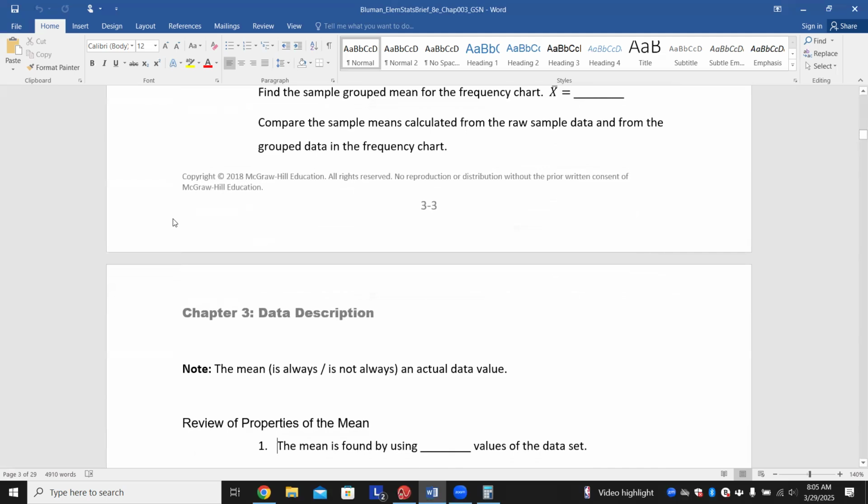All right, so now we're going to compare the sample mean calculated from the raw sample data and from the grouped data in the frequency chart. Note the mean is not always an actual data value.